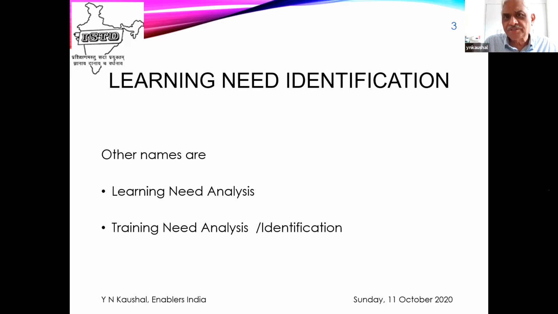Training is what the trainer is doing, helping the person to learn. But in training and learning, both things are happening. Training is from the perspective of the trainer, and learning is from the perspective of the learner. Simultaneously, both are happening.